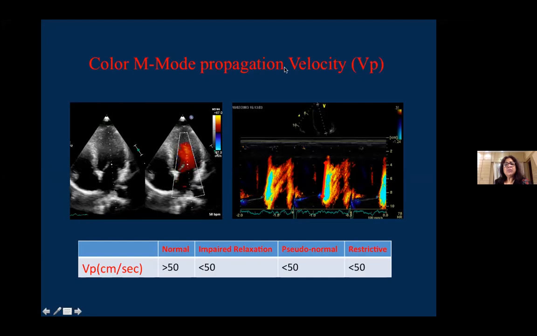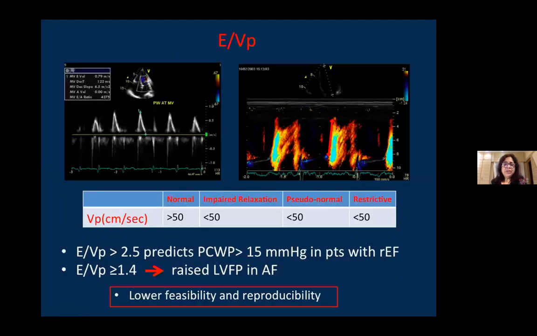So this is the way we measure the color M mode propagation velocity, and utilizing this VP, we can predict the LV filling pressure. You see, first what we do, we measure the E wave velocity and then we measure the VP, as I have explained, and then we take the ratio of E by VP.